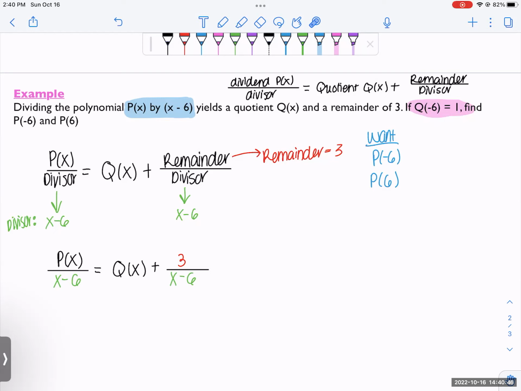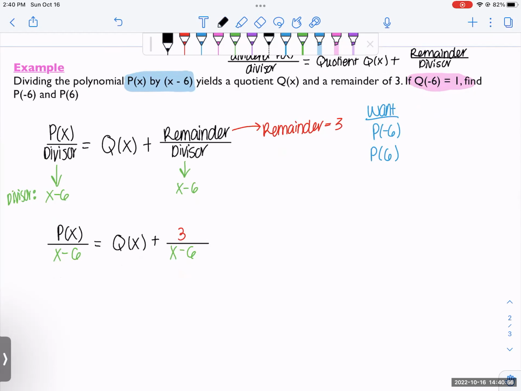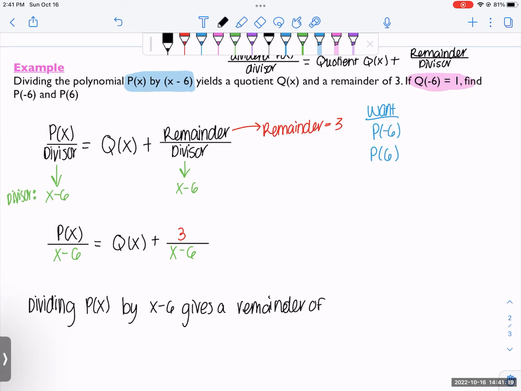We know that when we divided the polynomial by x minus 6, the remainder was 3. What could that mean?